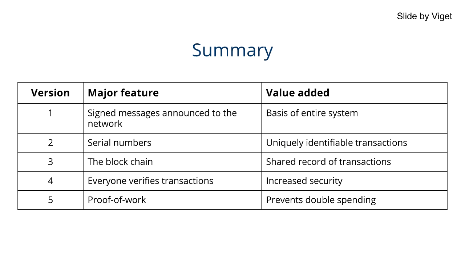Okay, so summarizing the buildup that we did. First, we introduced the basic notion of this piece of paper, this transaction that's signed, so you can't go back and say that I didn't spend this Bitcoin. Then, solving the naive version of double spending, we introduced serial numbers, and then we decentralized the system by introducing a blockchain where everyone has the complete record of transactions.